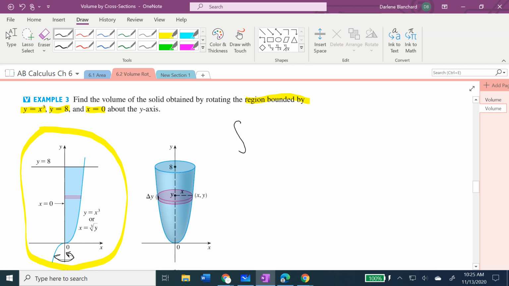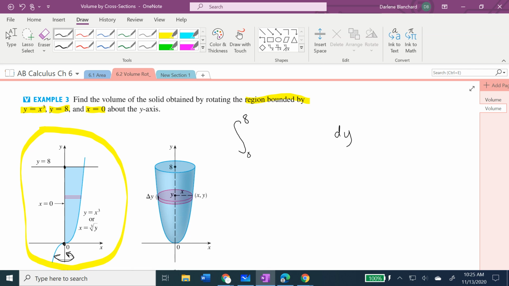So when I go to set the integral up, I start off with, this is dy. I need to know the upper and lower limits based on y of this region. So that would be y equals 0 to y equals 8. And once I have the limits and the differential, all my focus goes into area.